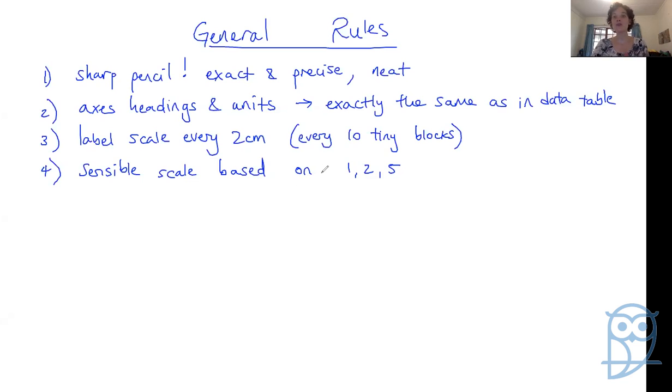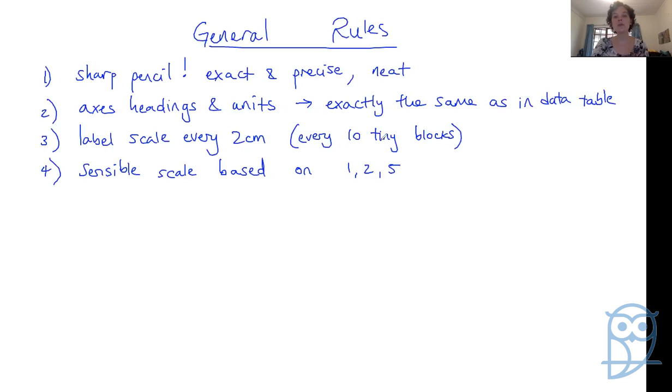Or we could go 2, 4, 6. 2,000, 4,000, 6,000. 0.2, 0.4, 0.6. Okay, some multiple of our 2. If we're using the 5, we could go 5, 10, 15. We could go 5,000, 10,000, 15,000. We could go 5, 10, 15, 20, because 10 is a multiple of our 1. So some sort of multiple of 5.